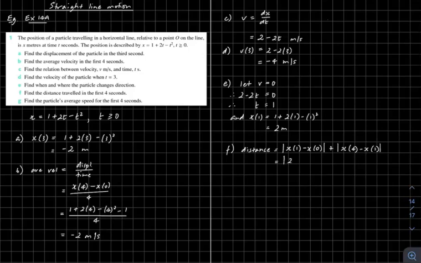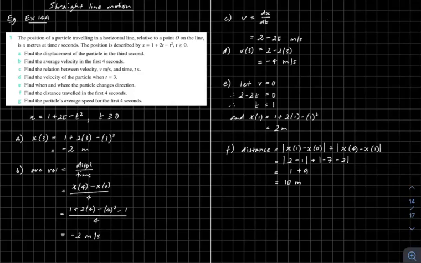So I already worked out just above that at time 1 its displacement is 2, so that would be 2 minus 1, and then this one here at time 4, we worked out that it was, what, minus 7 I think, wasn't it, at time 4, minus 2, so altogether that's going to be 1 plus 9.